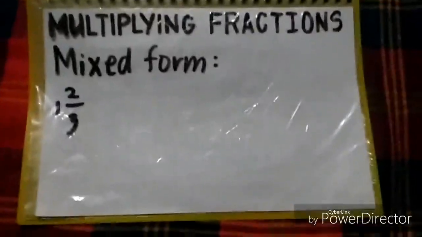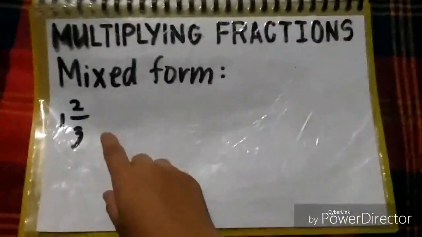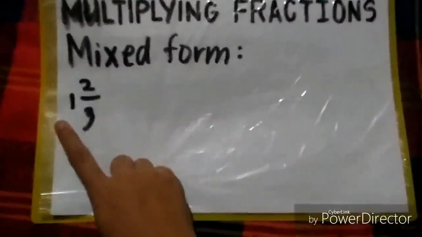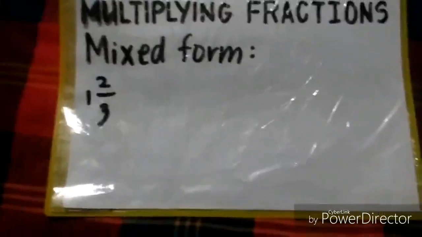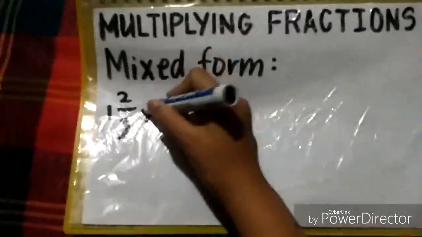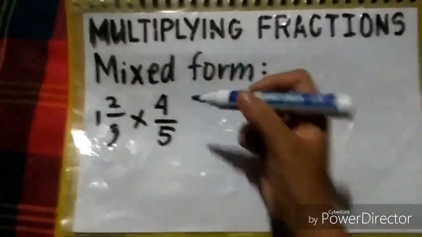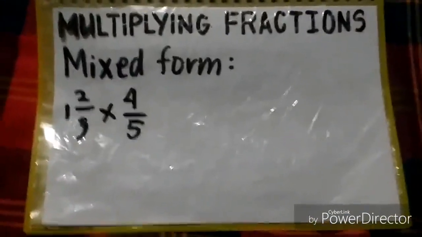It can also be in a mixed form, like this. A whole number is present, which is 1. Let's multiply this mixed number or fraction by 4/5. First, transform the mixed fraction into an improper fraction.